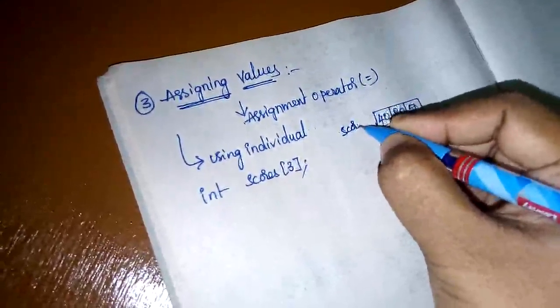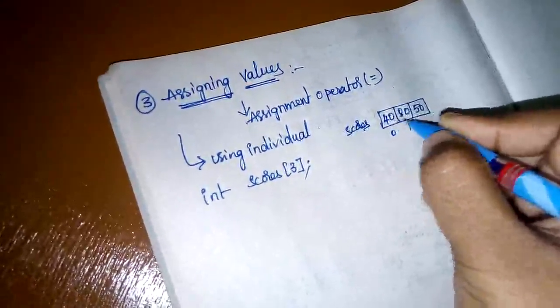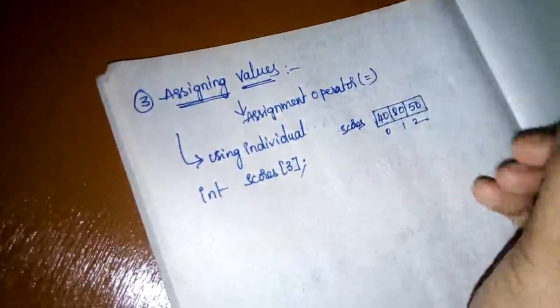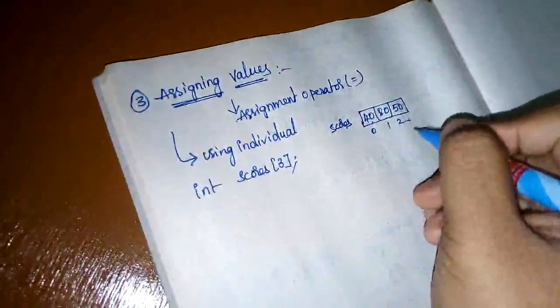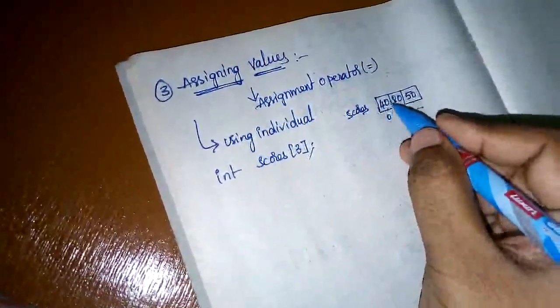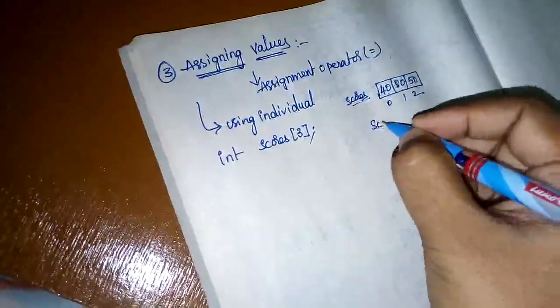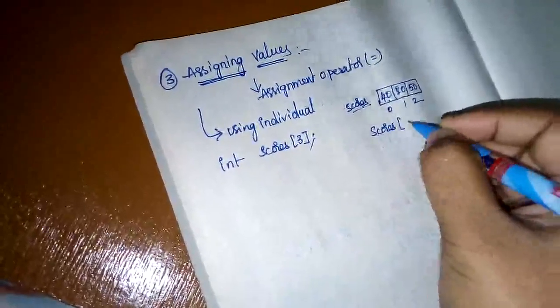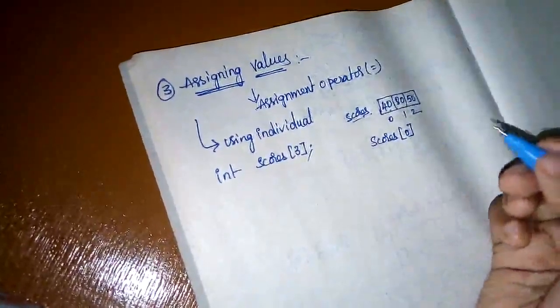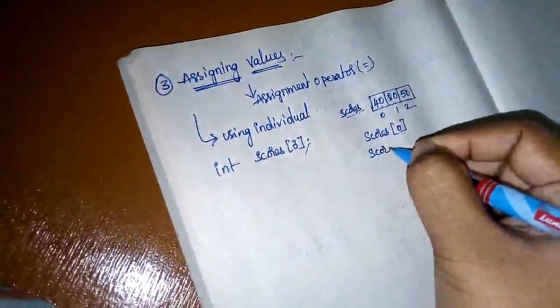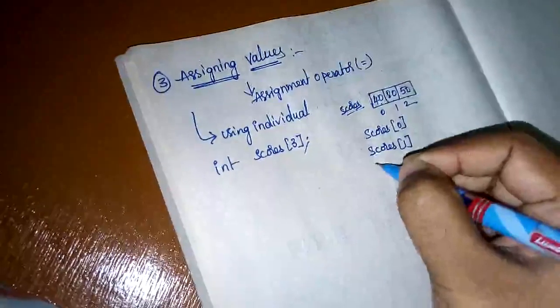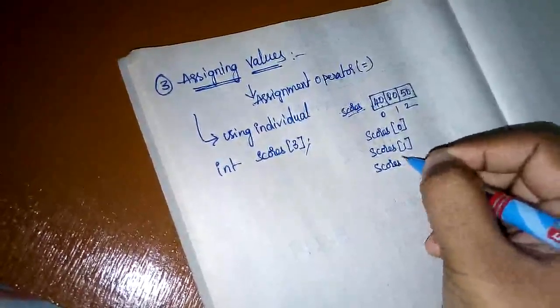So how can we refer to an element? As the array name followed by its index number, right? Scores of 1, scores of 2.